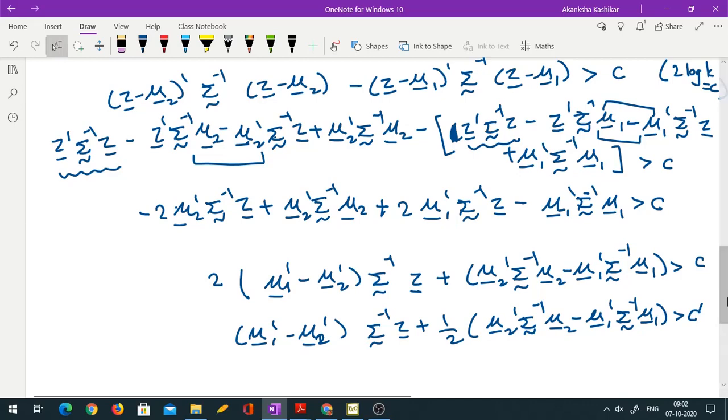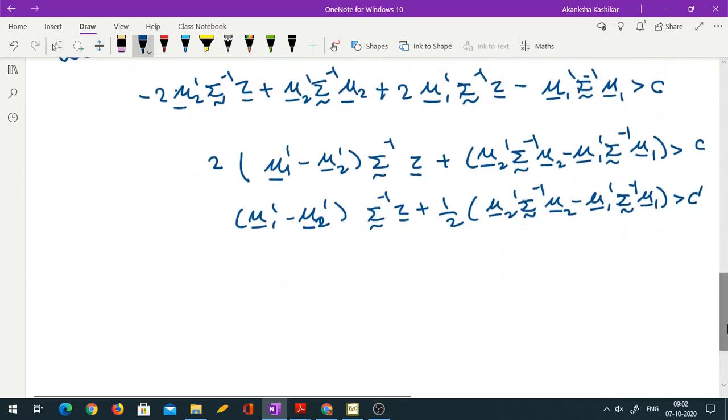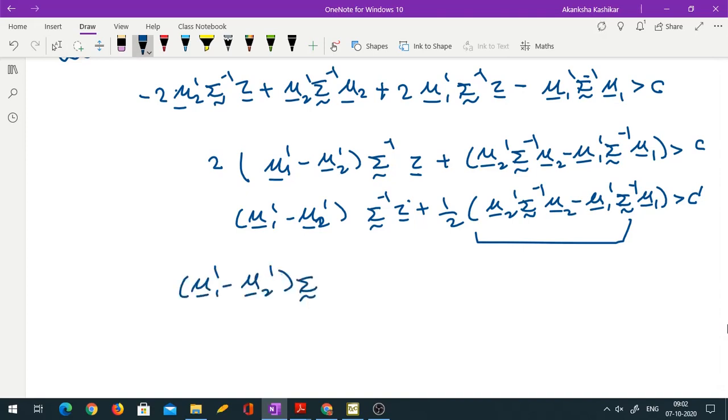And actually this is also a constant. The only thing that depends on the new observation is the first term. This is also a constant, so I can shift it to the right side again. So I can say (mu1 prime minus mu2 prime) sigma inverse Z, if this is greater than C prime minus this thing.